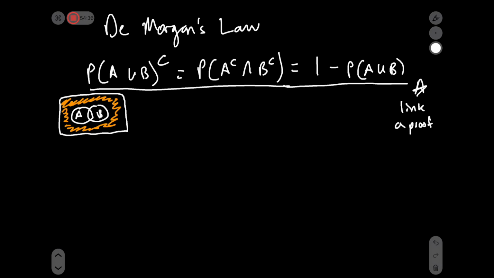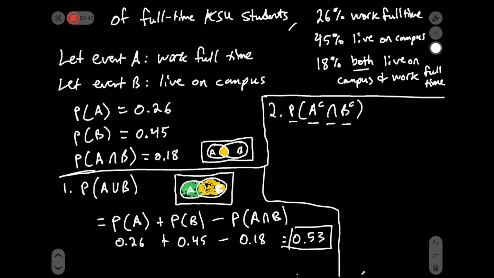So let's go back. At the end of the day, this is equal to the probability of (A union B) complement, which is everything outside of those two circles, which is equal to 1 minus the probability of A union B. This is pretty easy because we just found the probability of A union B in part 1.